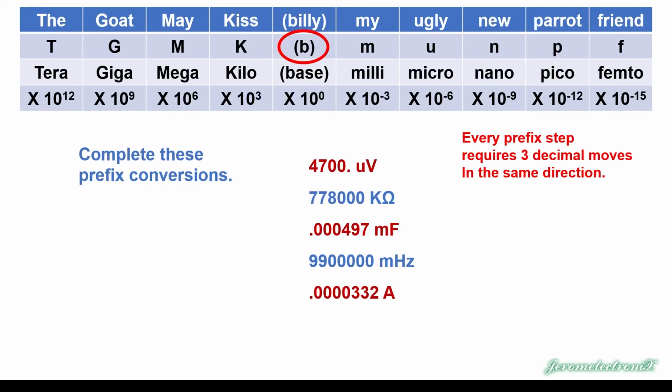Think back now. What have we just learned? You've learned how to convert base numbers to scientific notation numbers by moving them one decimal at a time until there's one non-zero digit to the left of the decimal. Then with engineering notation, we moved it 3 places at a time.